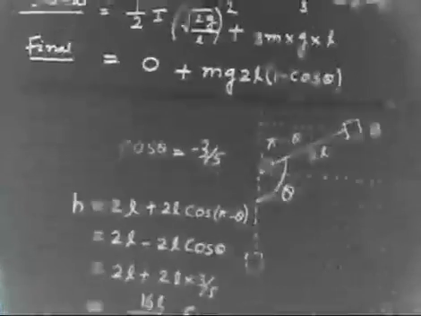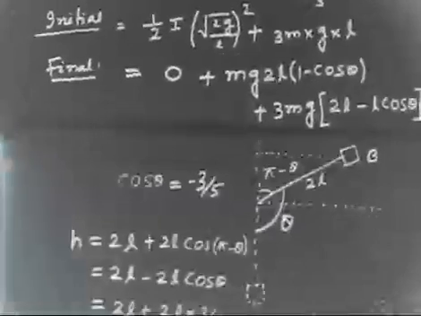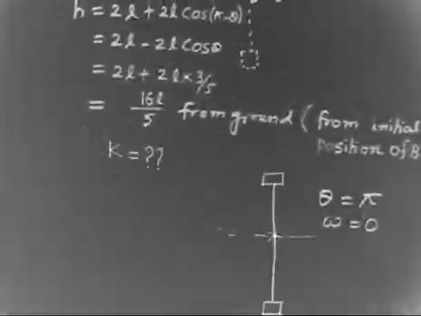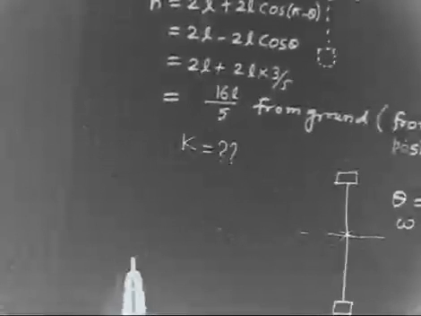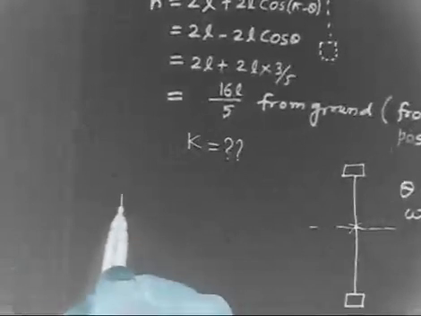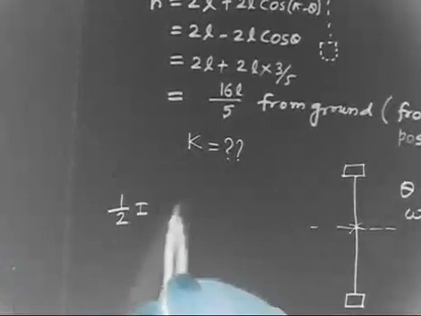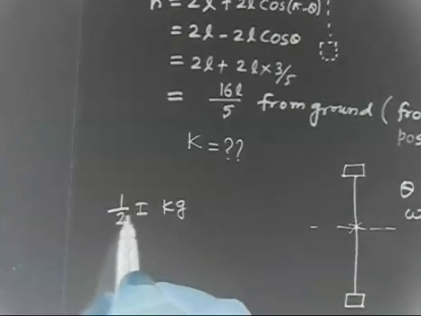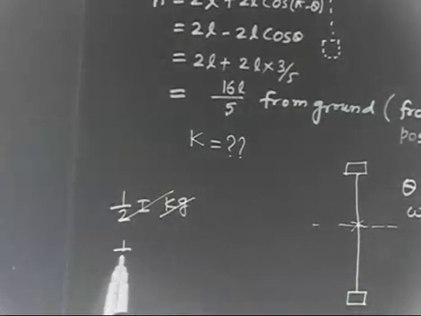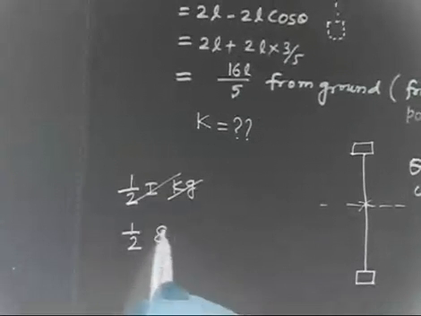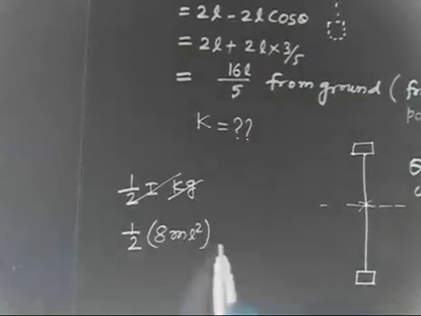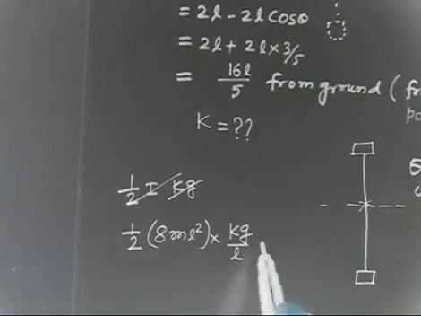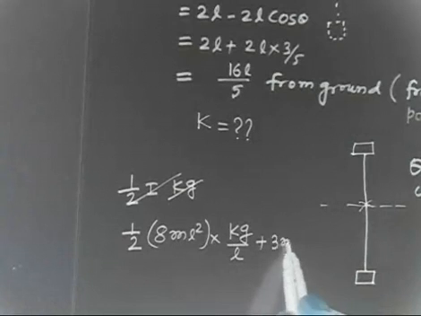So I can write here the potential energy. The energy conservation equation was something like this: half I omega squared, where I is 8 ml squared, times omega squared, that is kg by L, plus 3mgl. You see your notebook, you will find the same thing.